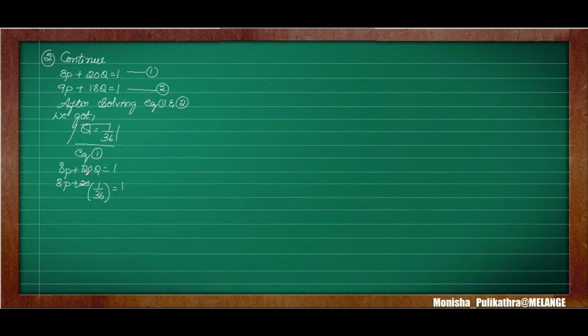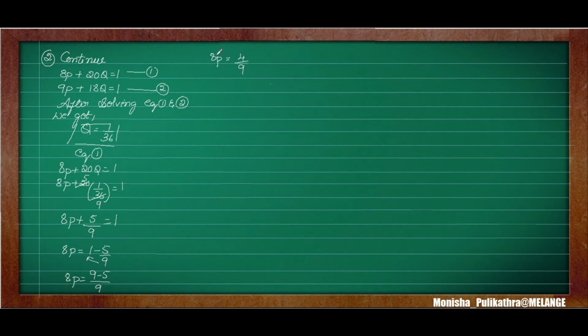So 8p plus 5 by 9 is equal to 1. Shifting this 5 by 9 to the right hand side, it becomes minus 5 by 9. By LCM, 9 minus 5 whole divided by 9, so 8p is equal to 4 by 9.